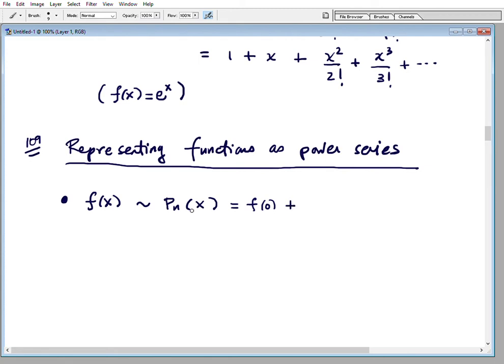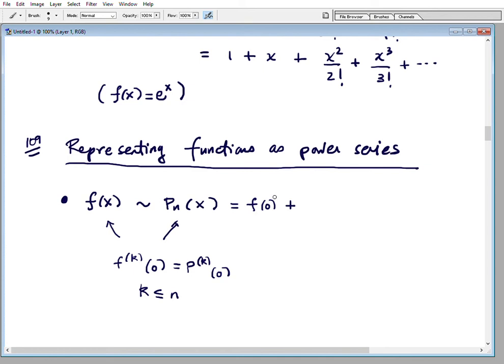We wanted a polynomial where the first n derivatives agree at x equals 0. So in other words, the kth derivative is equal to the kth derivative at 0. So we have a polynomial with the derivatives agreeing, and that's our approximation.